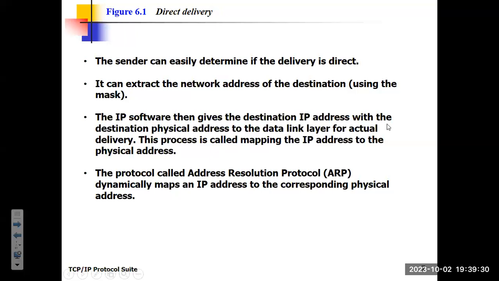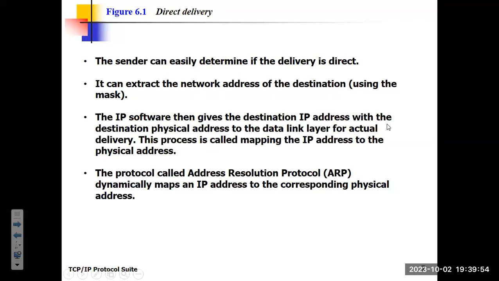Okay. So the sender can easily determine if the delivery is direct. How does the sender know it's a direct connection? You find the network address for host A and the network address for host B. If the network address is the same, it's the same network, so you don't have to worry about it.